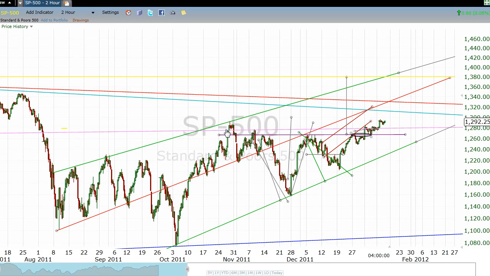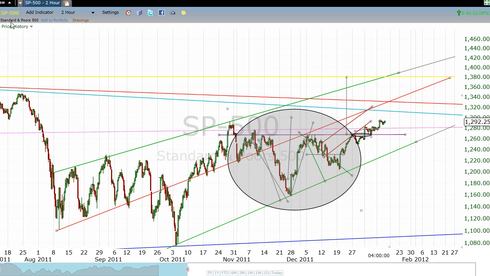And that level, yeah, it's almost exactly where we are. So I find that kind of interesting too. But I think the operative pattern that we're looking at here is right here. And that is an inverse Head and Shoulders, and this would be a consolidation pattern that formed after coming off of this low right here.